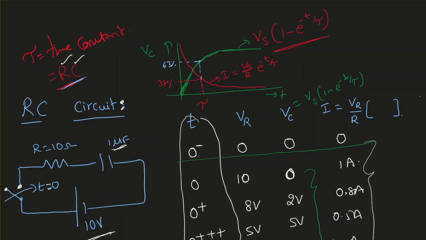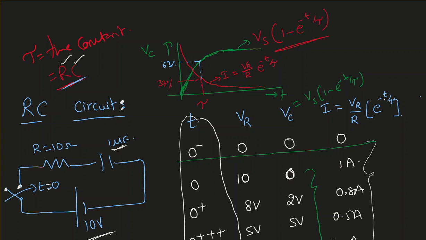So based on this, the current passing through the circuit is VR over R times e to the power of minus t over tau. At t equal to 0, e to the power of 0 is 1, so I equals VR over R. As time increases, if you substitute time in milliseconds, you can find the current.